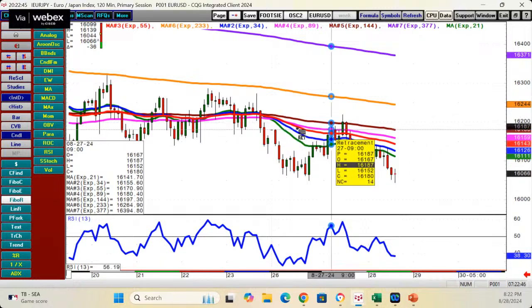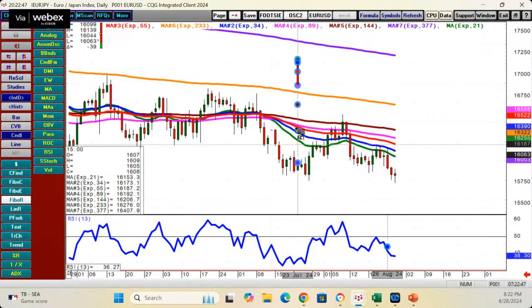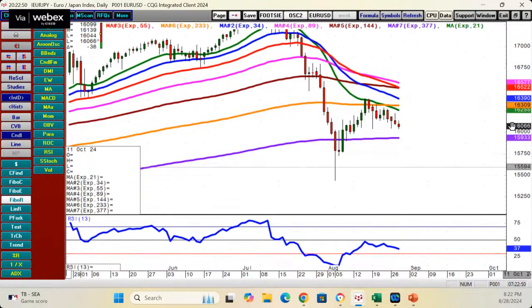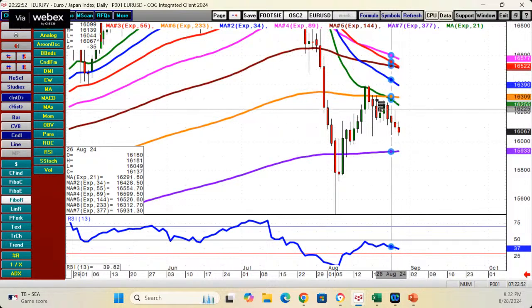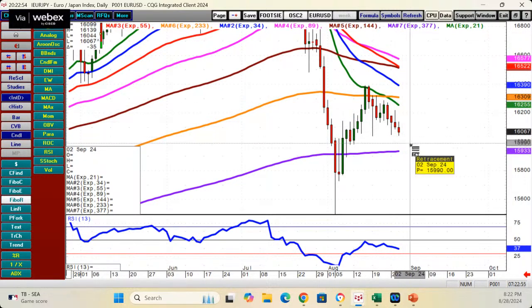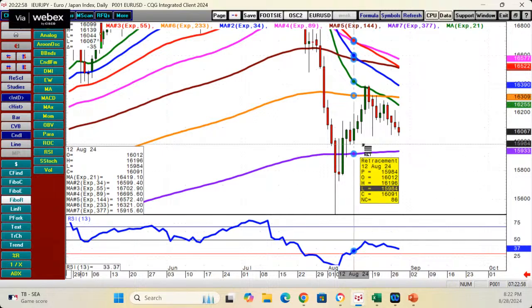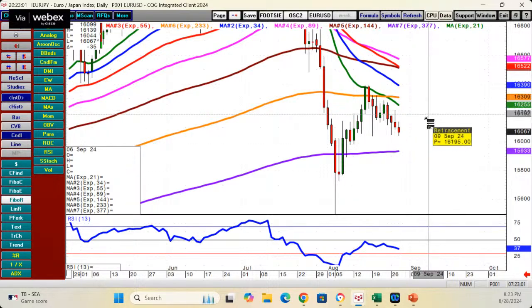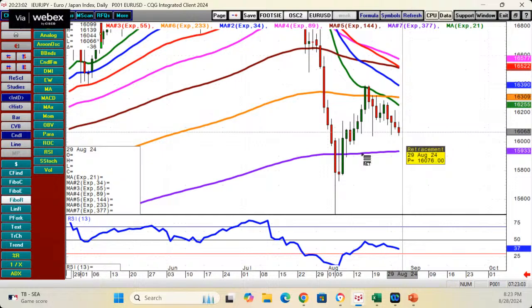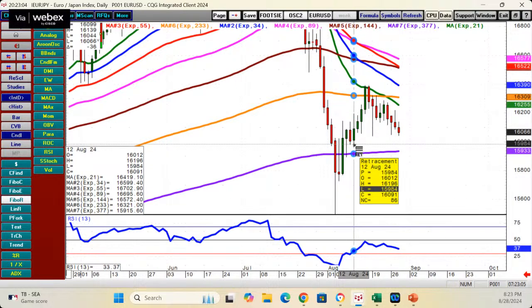Even let's assume we look at a daily chart. You see the market is slowly coming down. So I don't expect this market to move beyond these levels for today.